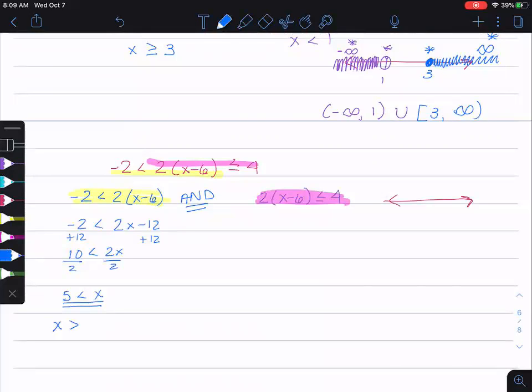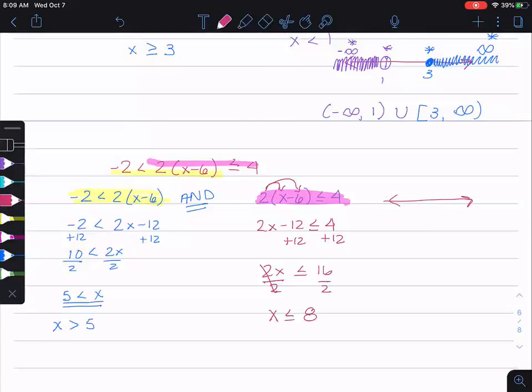The mouth is opening to the x, and then I have 5. Over on the other side of the equation, I'm going to distribute this 2 in there. So I have 2x minus 12 is less than or equal to 4. I'm adding 12 on both sides. So I will then get 2x is less than or equal to 16. Divide both sides by 2, and x is less than or equal to 8.